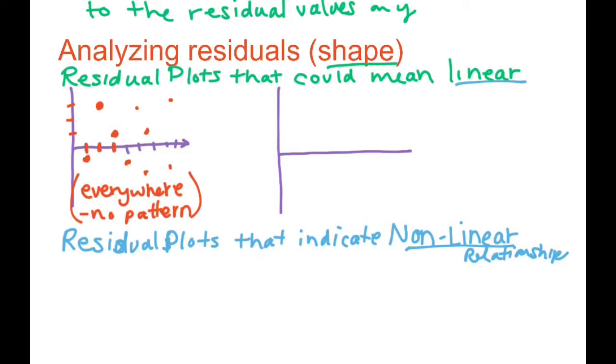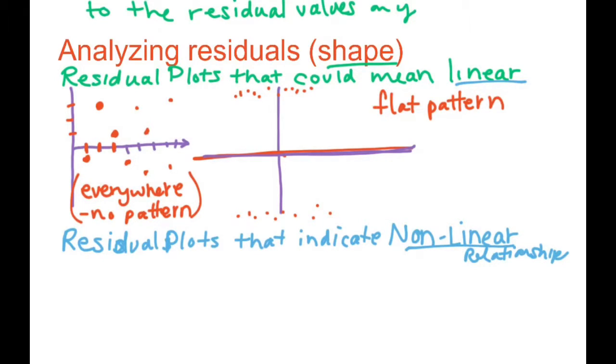You might have a whole bunch of dots above and a whole bunch of dots below, some even above and even below. So it's kind of like a flat pattern, not curved at all. If it's a flat pattern, it could be linear. If it's everywhere with no pattern, it could be linear.